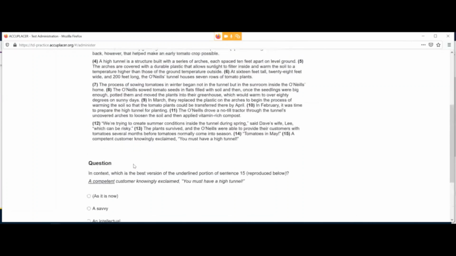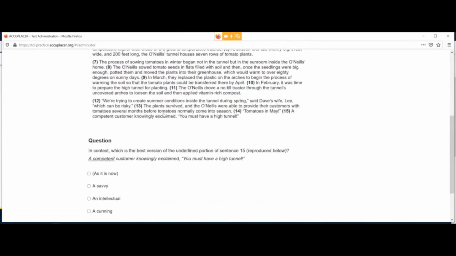Well, basically, if we look at the passage, what we find here is that this customer was provided an explanation of what Dave's wife and Dave were trying to do in their farming.